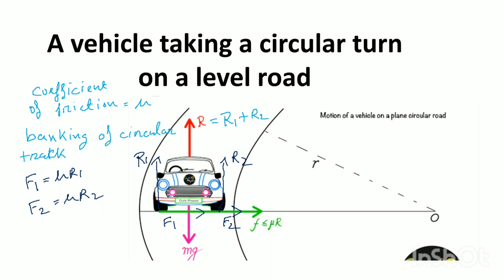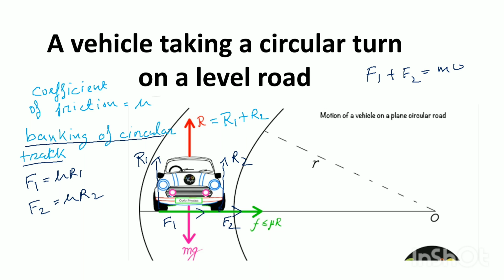Now you see that R1 plus R2 is equal to mg, and mu R1 plus mu R2 is equal to the centripetal force. Frictional force provides the necessary centripetal force.